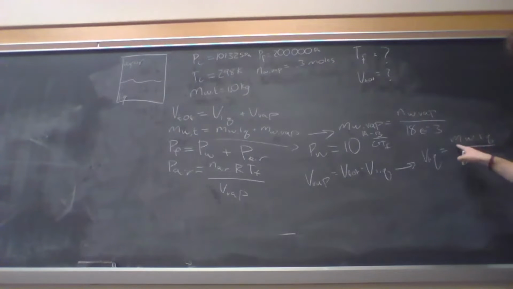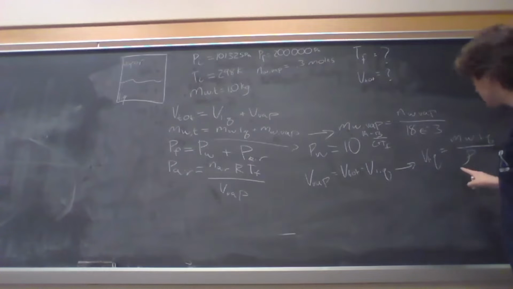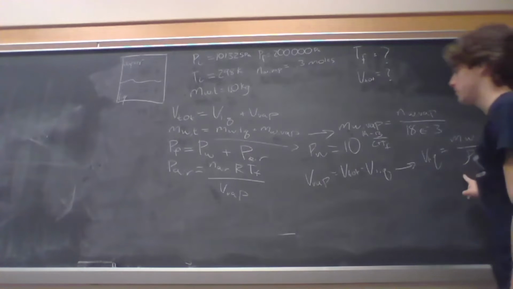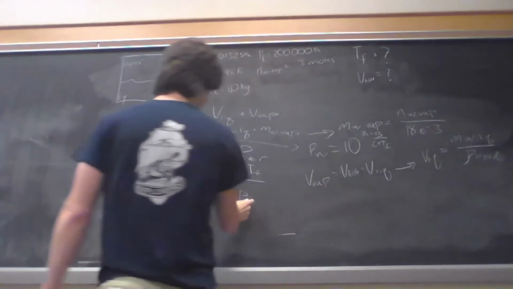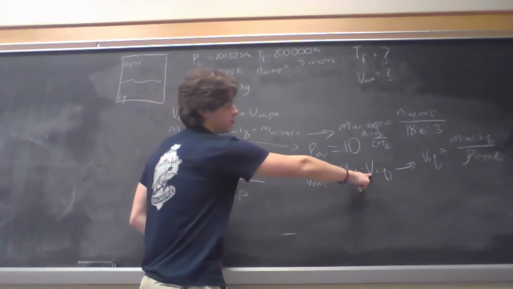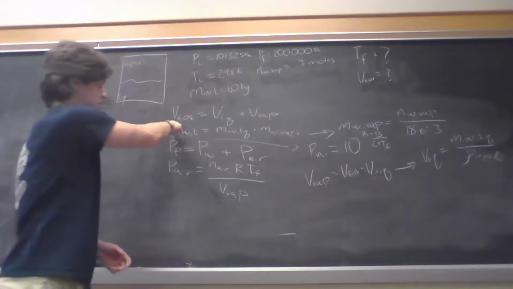So the density is mass over volume. It's a definition. So it'll be the density of water in liquid form. So now we have our volume of water vapor and our volume of liquid. We've linked it back to the total volume.